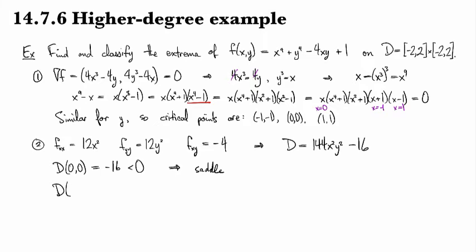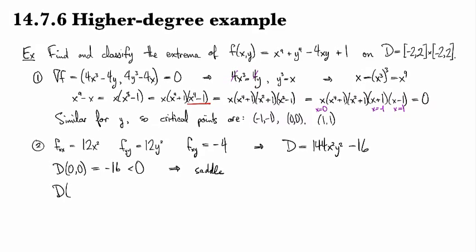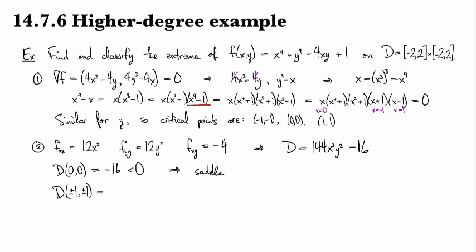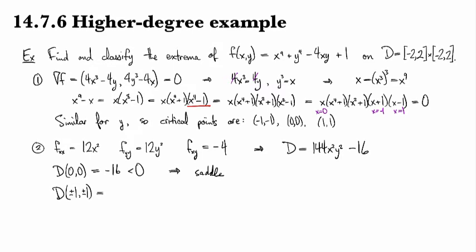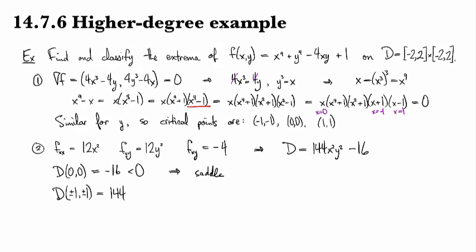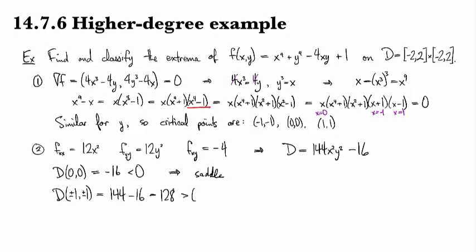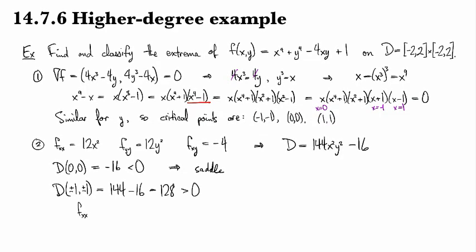And if we evaluate it at 1, 1 or minus 1, minus 1, well, x and y both appear squared in this expression, so it doesn't matter what the sign of them are, we'll get the same thing. So we've got 144 minus 16, which is 128. That is very positive. Then the other thing that we need to do is check the value of the second derivative of f with respect to x.